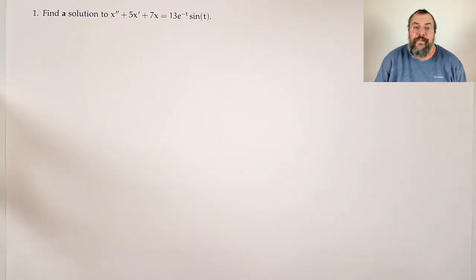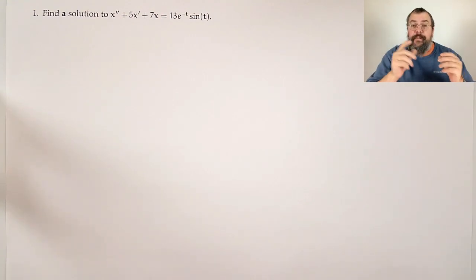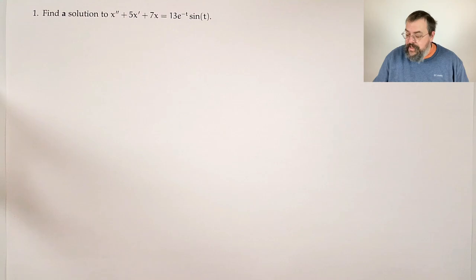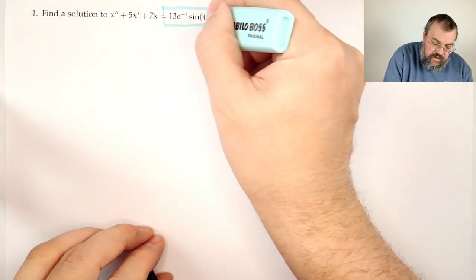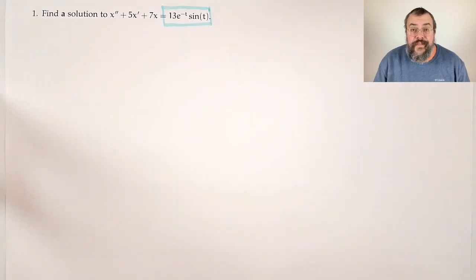First problem. Find a solution to x double prime plus 5x prime plus 7x equals 13 e to the minus t sine t. All right, well, to begin, what do we see? Well, we see this part over here, this 13 e to the minus t sine t, that says it's a non-homogeneous problem.